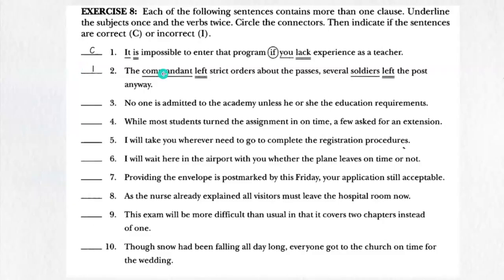Well, even though I have subject, verb, there is no connector, neither at the beginning nor in the middle. That's why this sentence is incorrect. Okay? Well, I'll give you 3 minutes for this exercise, and then we'll check the answers all together.